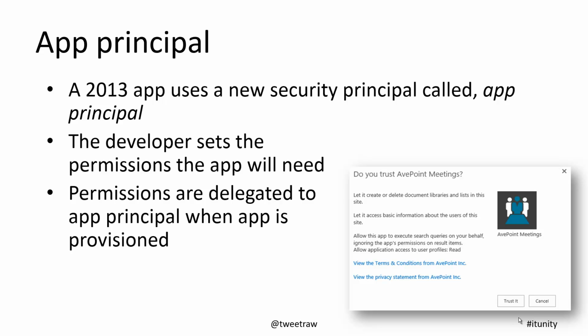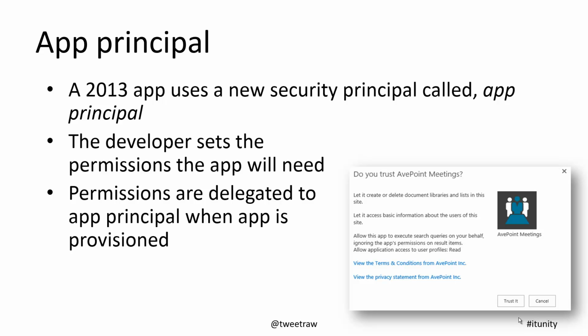Now that's the default behavior, and those developers listening in here are probably familiar with a way of elevating permissions. We had this concept of run with elevated privileges, which would allow you to run that code within the context of the system account. But here's the problem with that.